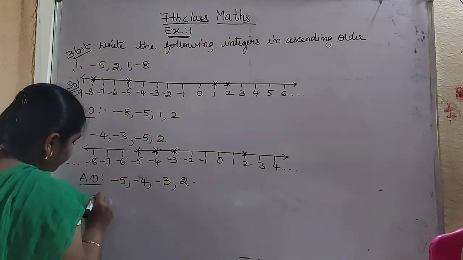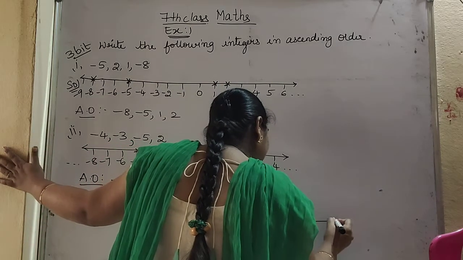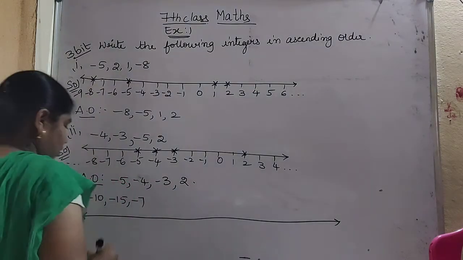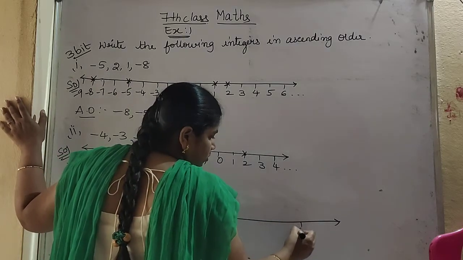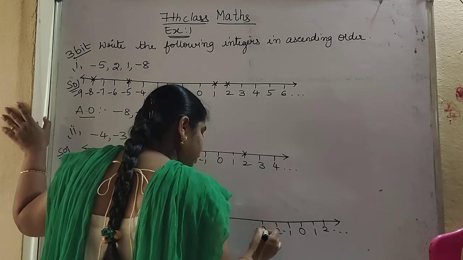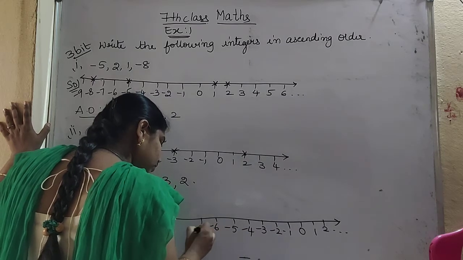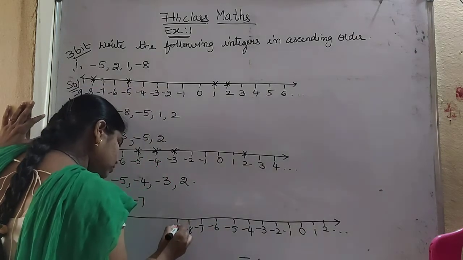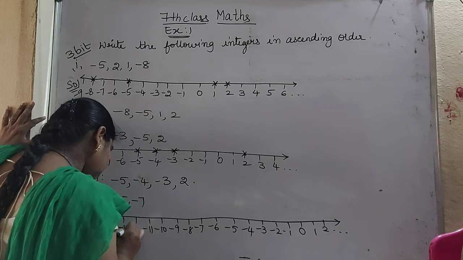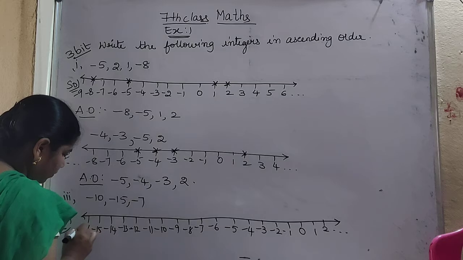Next one, -10, -15, -7. Again first you draw a number line. Zero, 1, 2 and so on. -1, -2, -3, and so on.